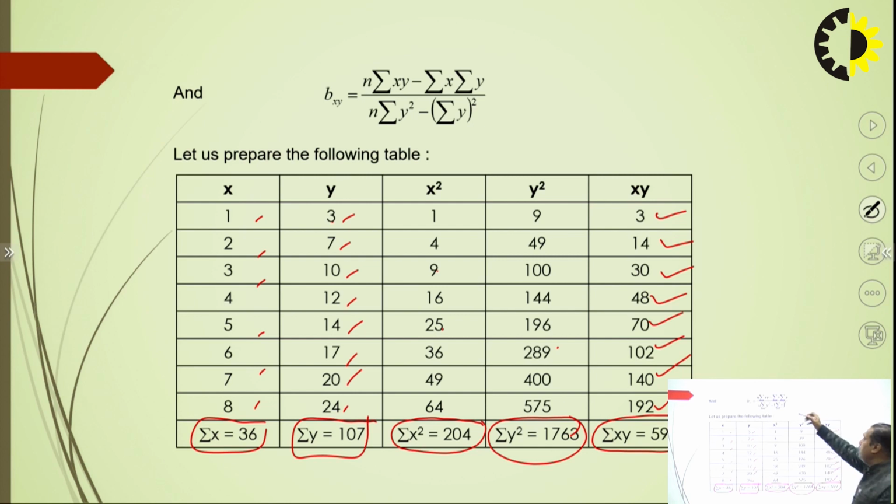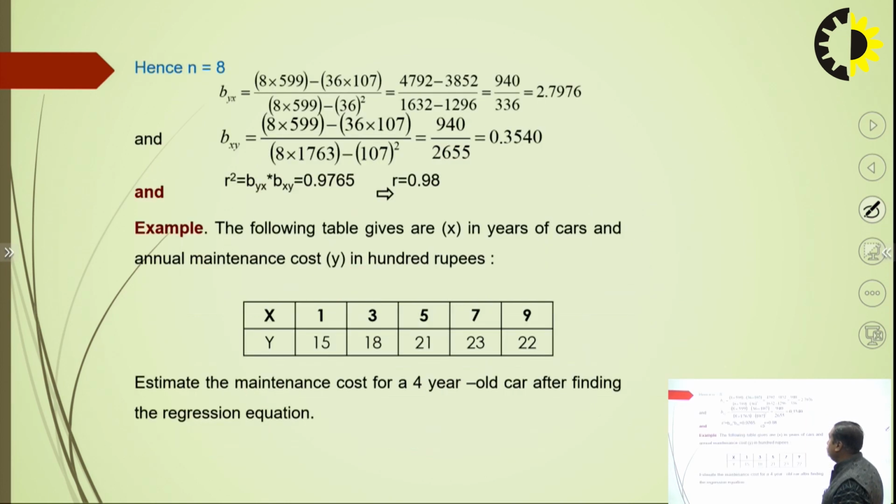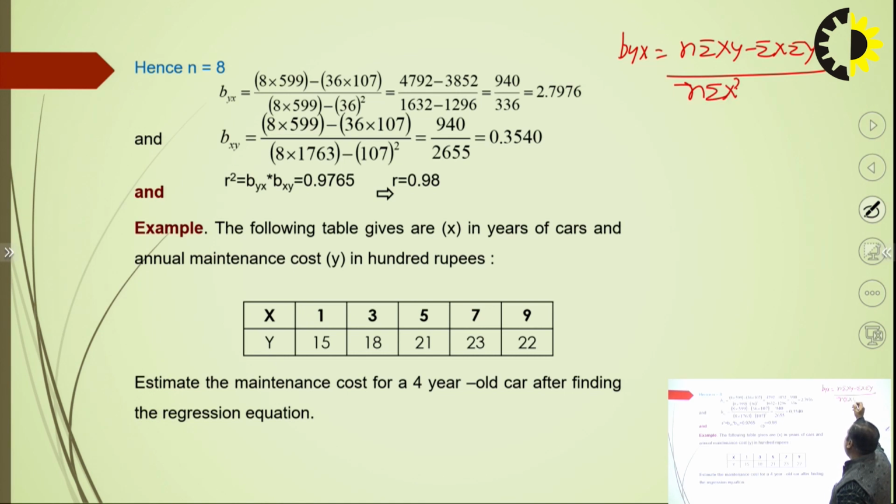And putting these values in our bxy and byx. Now byx is equal to n summation xy minus summation x summation y upon n summation x square minus summation x whole square.